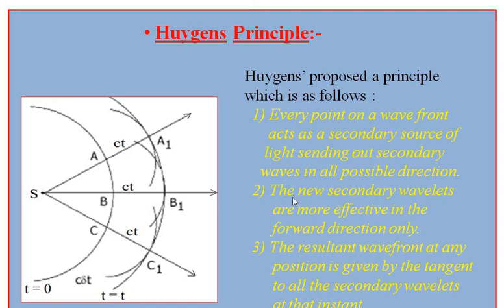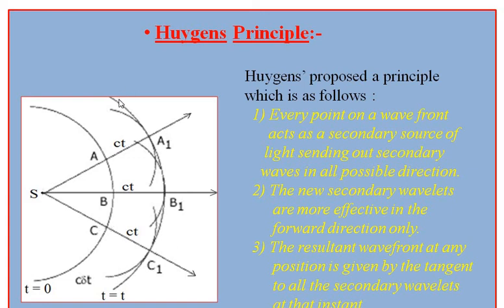The new secondary wavelets are effective only in the forward direction. The resultant wavefront at any position is given by the tangent to all these secondary wavelets. A, B, C are the secondary sources and they emit light, so we have drawn small wavelets for each: for B this is the wavelet, for source C this is the wavelet.